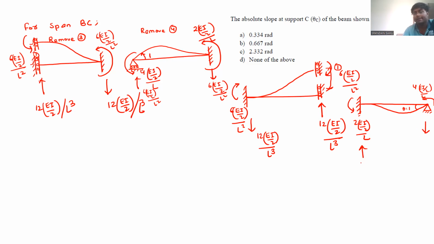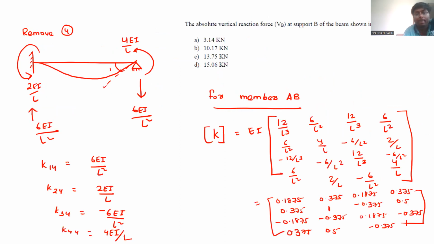EI upon a square. Now, these are attached to coordinates 1, 2, 3, 4.